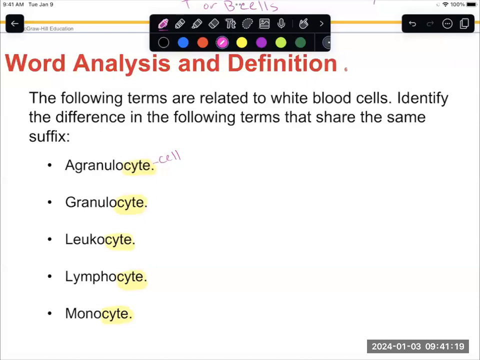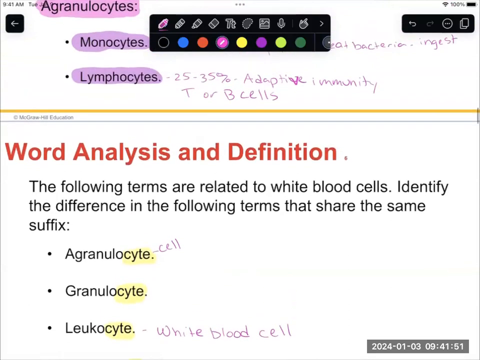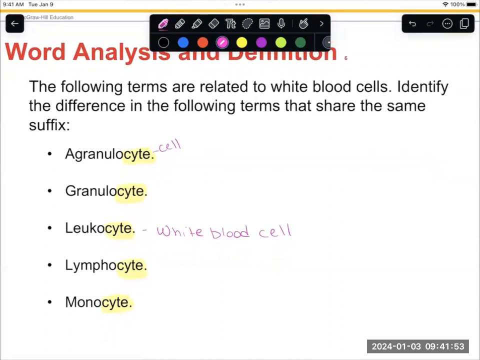A leukocyte, this is another word. It means white blood cell. So when you see that word leukocyte, it's just another word for white blood cell, kind of like erythrocyte was another word for red blood cell. Lymphocyte is one of those specialized white blood cells we went through up here, those adaptive immunity cells.